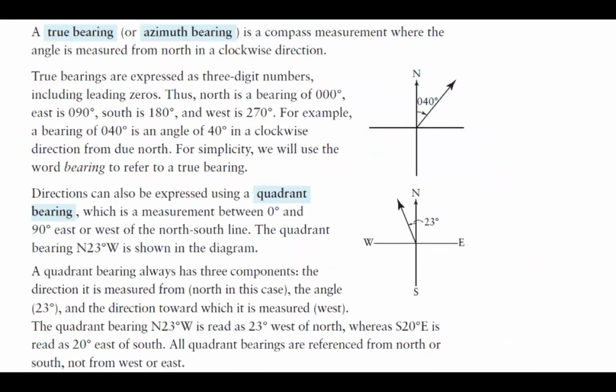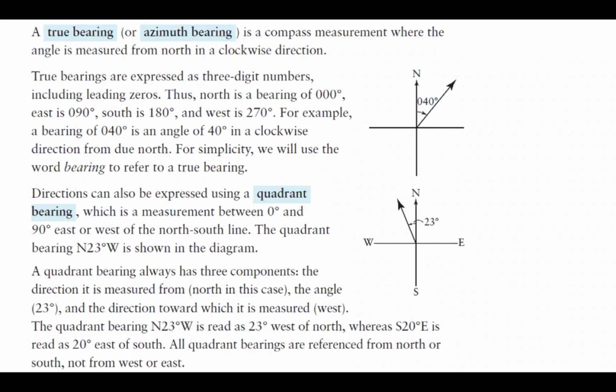So next, let's have a look at the differences between true bearing and quadrant bearing, okay? First, a true bearing or azimuth bearing is a compass measurement where the angle is measured from the north in a clockwise direction. True bearings are expressed as three-digit numbers, including leading zeros. Thus, north is a bearing of 000 degrees. East is 090 degrees.